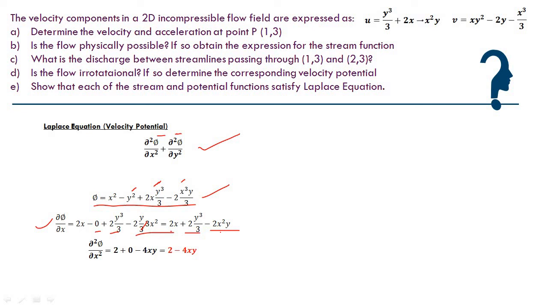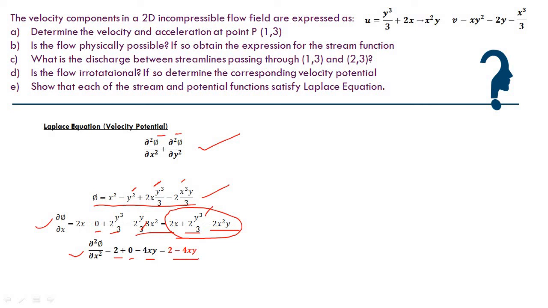You differentiate again, that is the second differential, dou square phi by dou x square, that is dou by dou x of this. So dou by dou x of 2x is 2. This term does not contain any x, so the differential with respect to x is 0. And for this, you take minus 2y outside into 2x, so you will be getting minus 4xy.